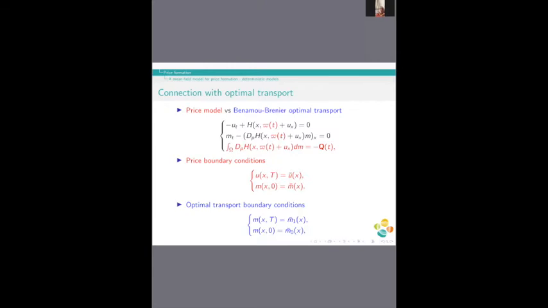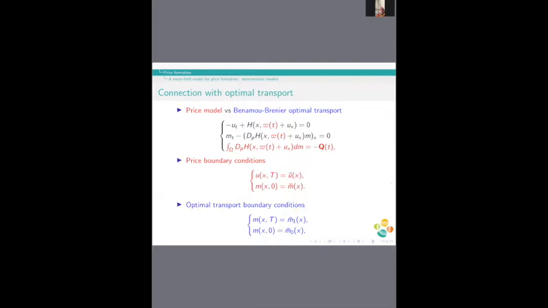So we can see this price model as somehow a constrained optimal transport, maybe with some different boundary conditions. In optimal transport, you are given two probability measures, and you want to transport M0 into M1 optimally. Whereas here you are given an initial distribution and terminal costs.